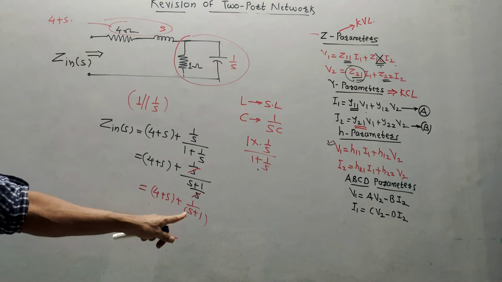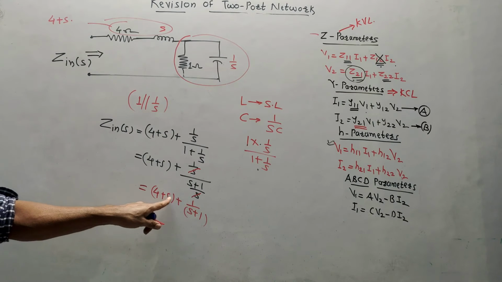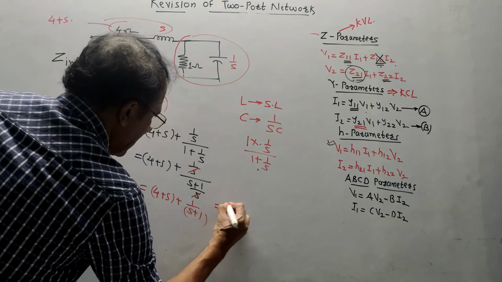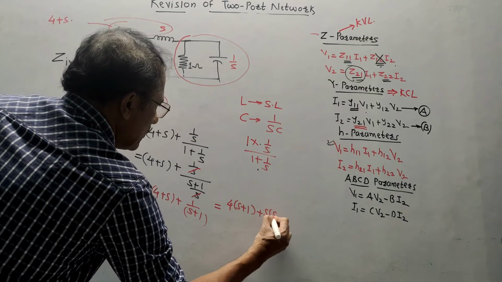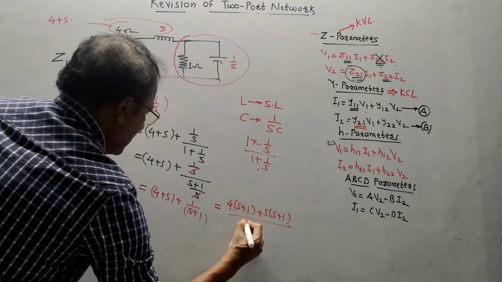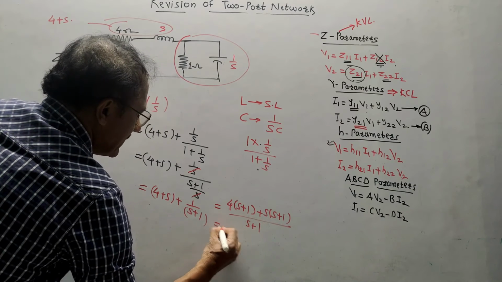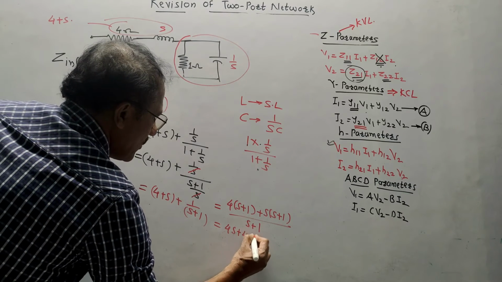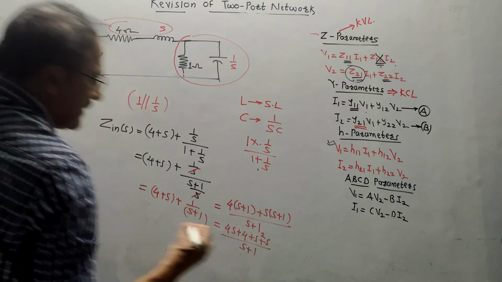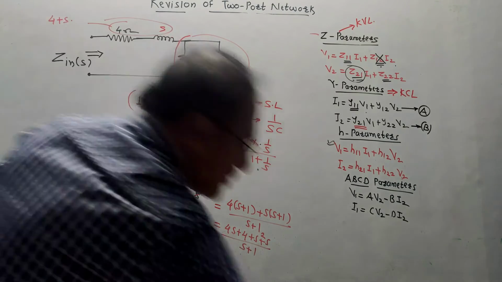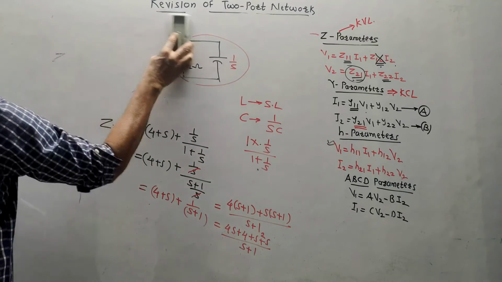Again take LCM, that means multiply 4 by S plus 1, multiply S by S plus 1. So this becomes 4 into S plus 1 plus S into S plus 1 upon S plus 1. So it is 4S plus 4 plus S square plus S upon S plus 1.